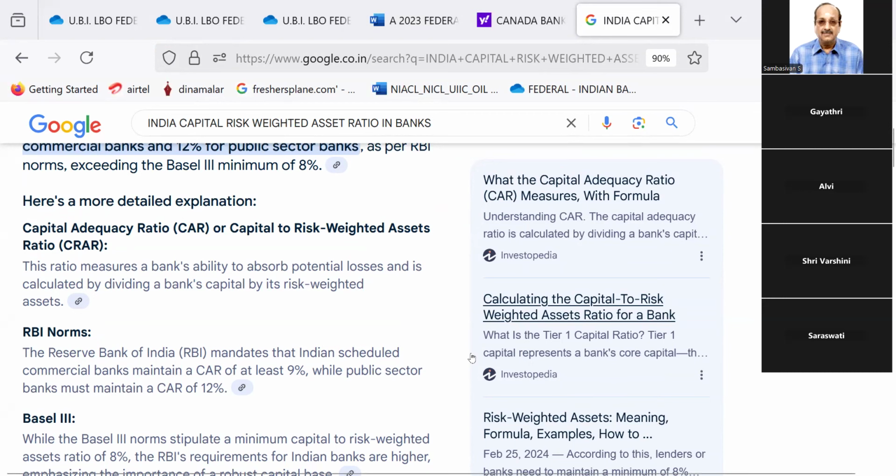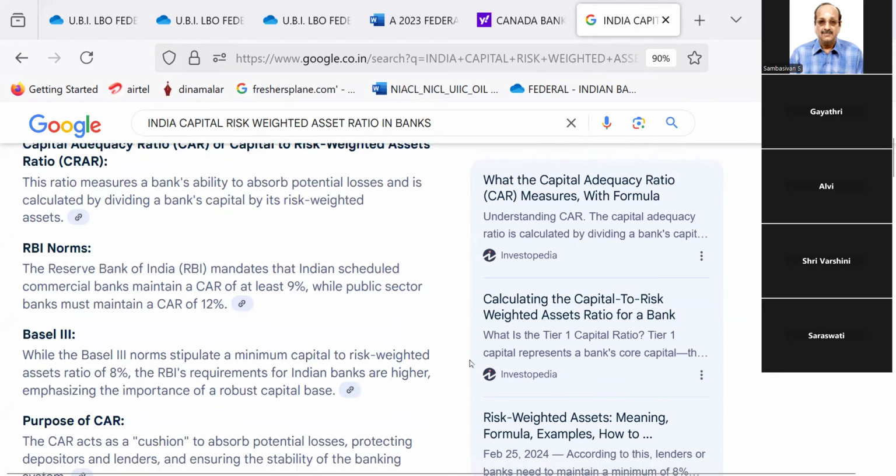RBI norms: the Reserve Bank of India mandates that Indian scheduled commercial banks maintain a CAR of at least 9%, while public sector banks must maintain a CAR of 12%. Basel III: while the Basel III norms stipulate a minimum capital to risk-weighted asset ratio of 8%, the RBI's requirements for Indian banks are higher, emphasizing the importance of a robust capital base.